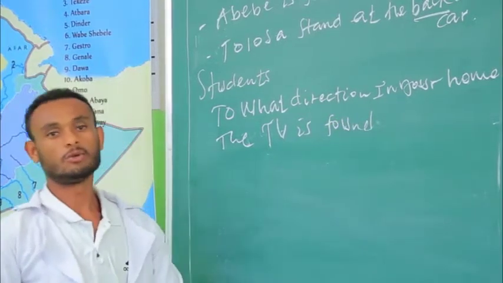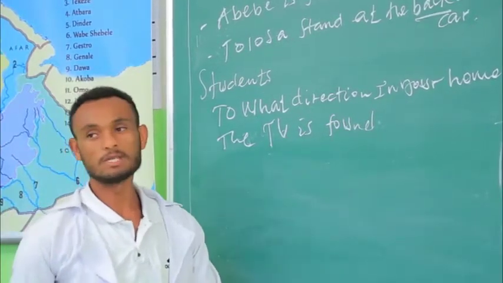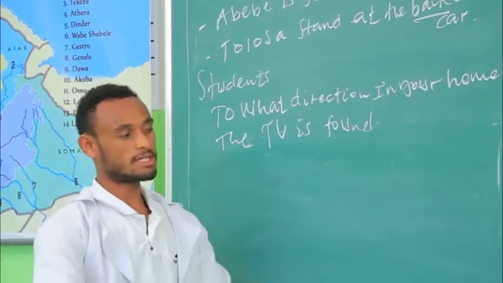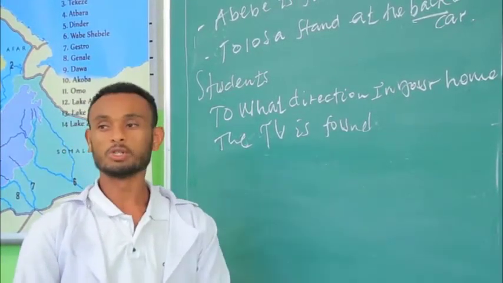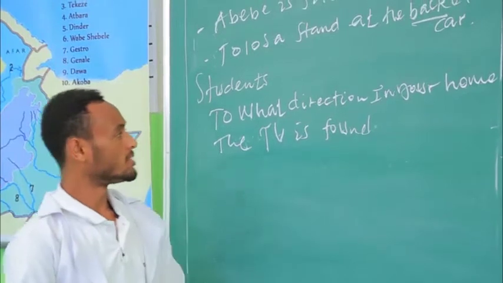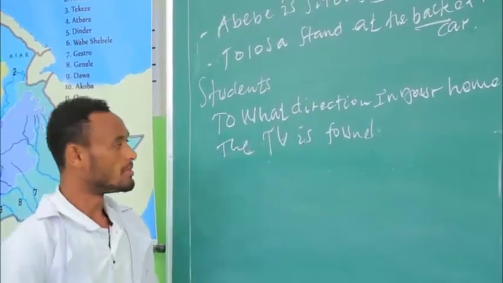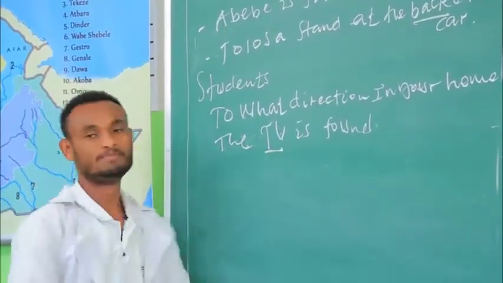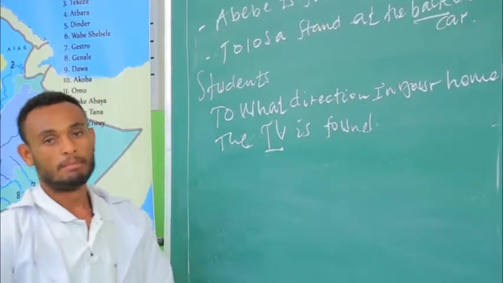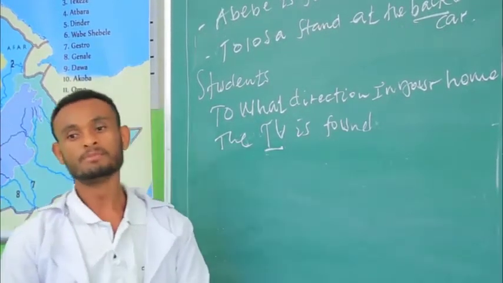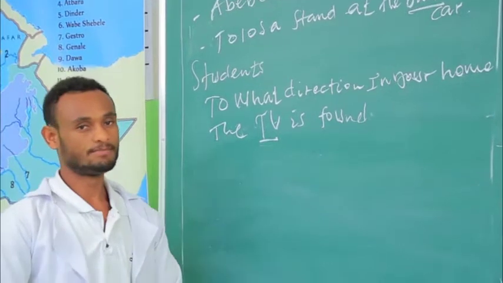Students, try to answer by using the four words of description of a given location. Now, parents, help them to give these answers.